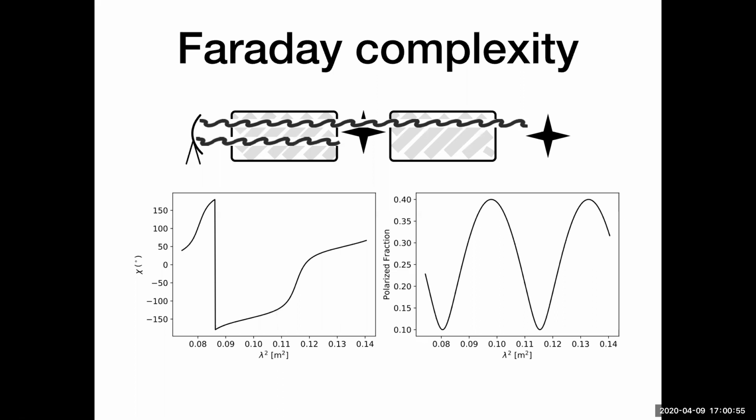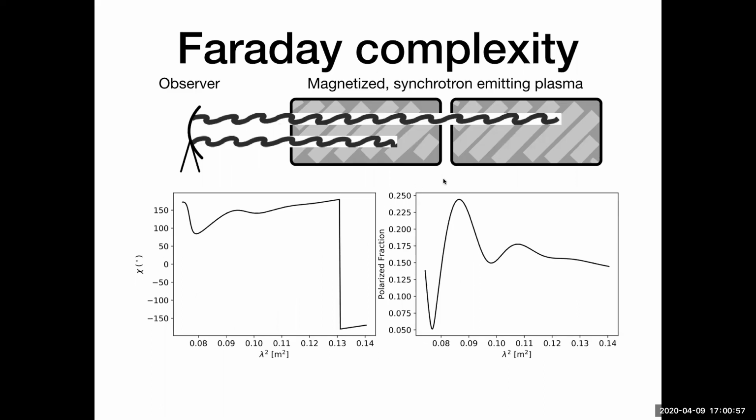And this gets even worse if you stop to think about how synchrotron radiation is produced anywhere that you have cosmic rays and magnetic fields. Faraday rotation occurs anywhere you have thermal electrons and magnetic field, and so they can be co-located.